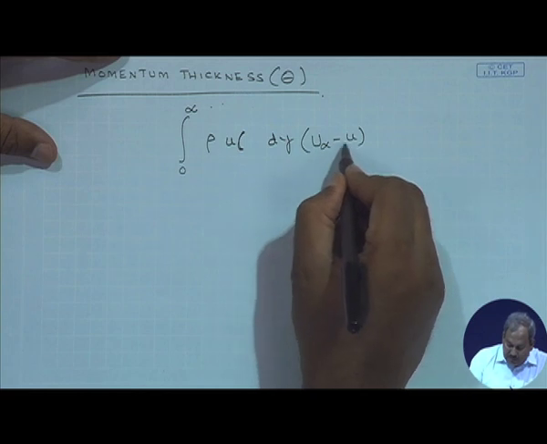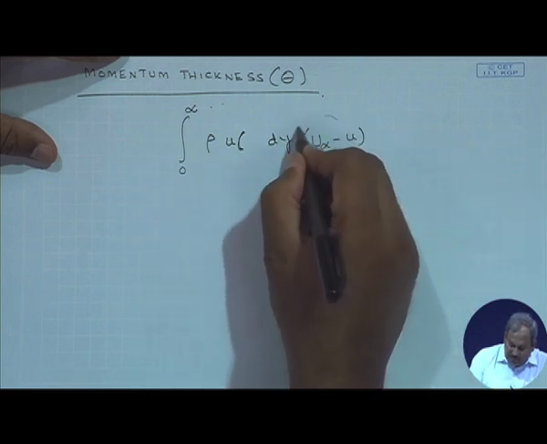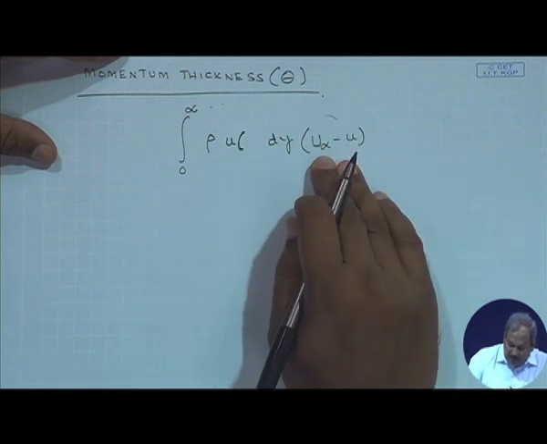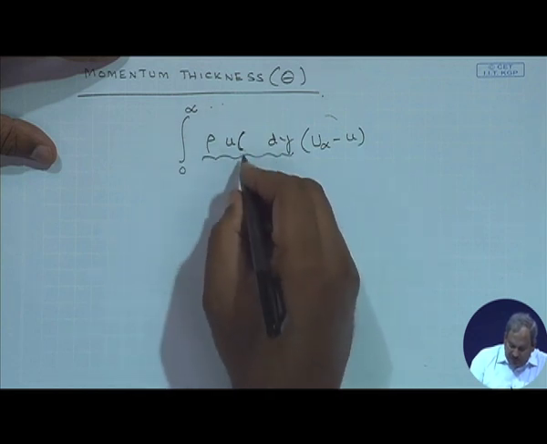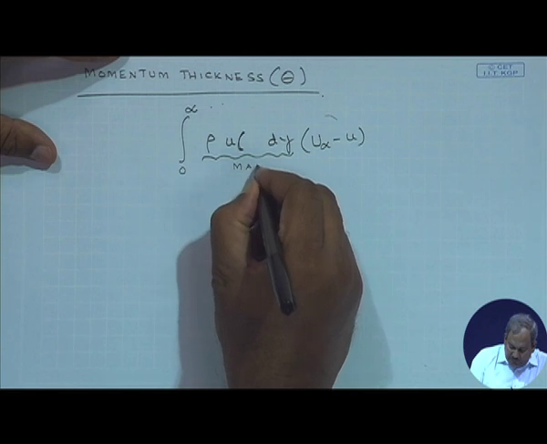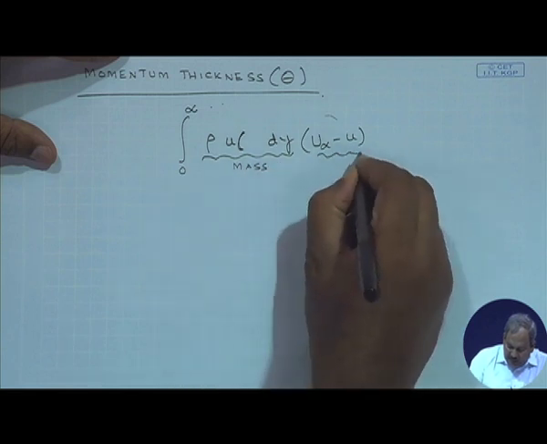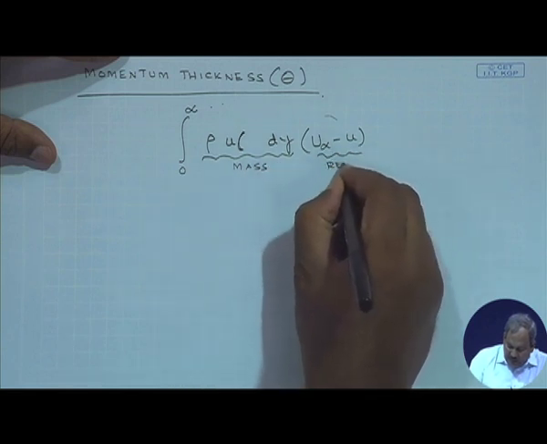So, u infinity minus small u, this is giving me the reduction in velocity, and this gives me the mass.